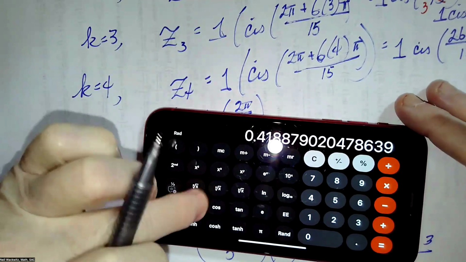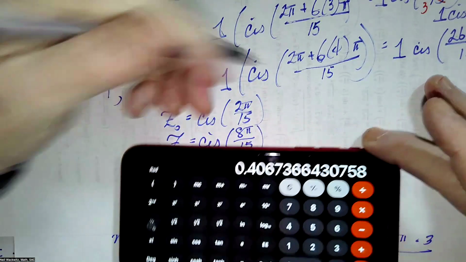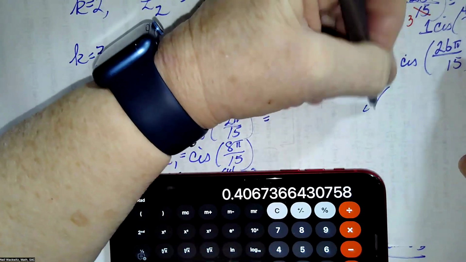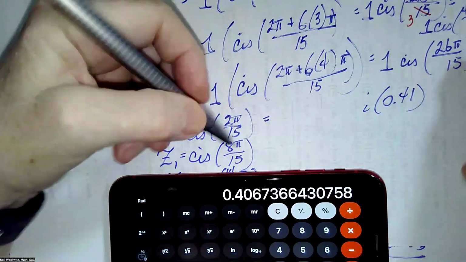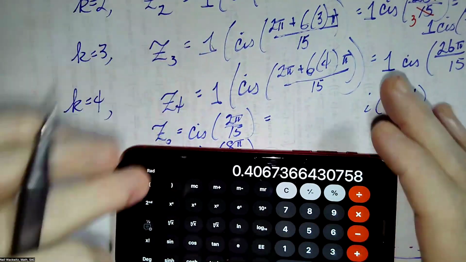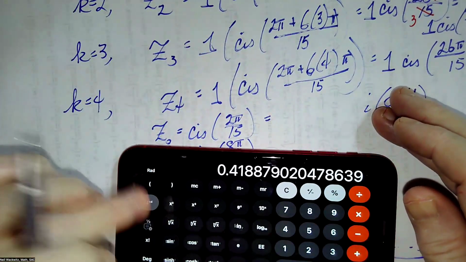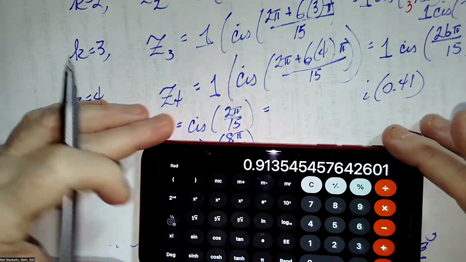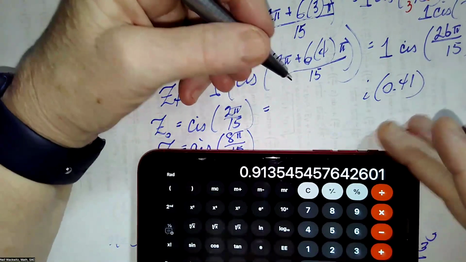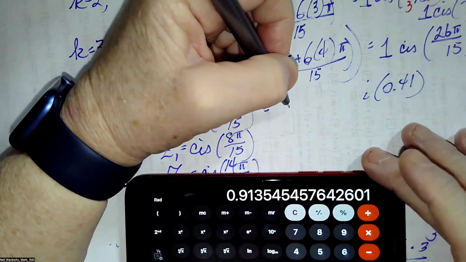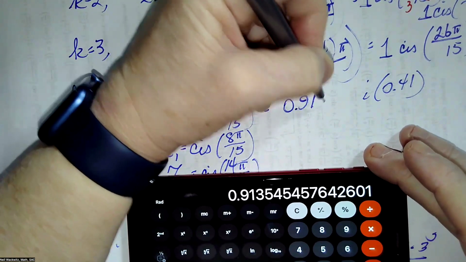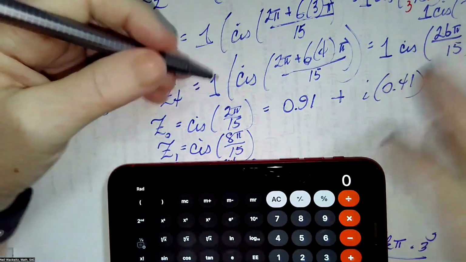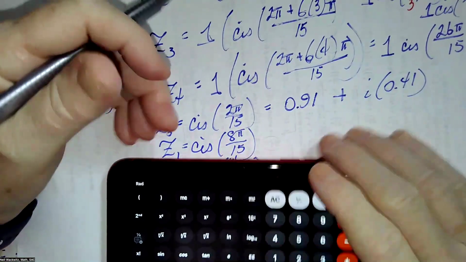Okay, so the sine is 0.41. The cosine is 0.91. And remember that all throughout r was 1.